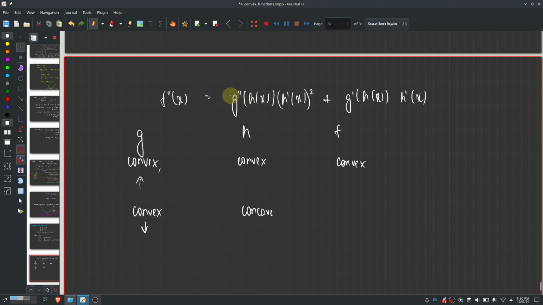If g is convex, then this quantity is always greater than or equal to 0. H prime of x, the whole square, is always greater than or equal to 0. Since g is monotonically decreasing, this quantity is negative. And if h is also concave, then this is also negative. So this quantity is positive. So this whole quantity is positive.